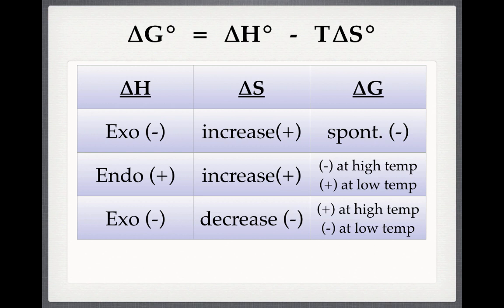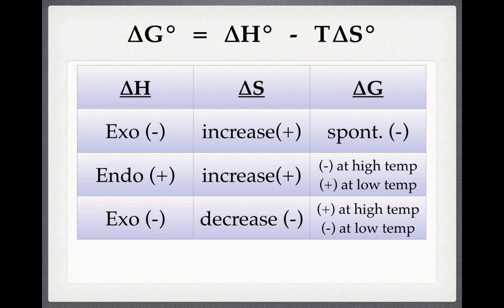If we have an exothermic reaction and a delta S that decreases, then we have just an opposite situation from the previous set, and at high temperatures the T delta S term will dominate, and you're subtracting a large negative number, so adding a positive number.